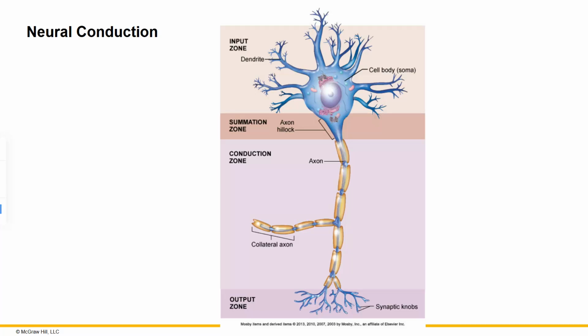Now, what happens is when a dendrite receives a signal, or if a neurotransmitter binds to a dendrite, it's going to cause the opening of a chemically gated sodium channel. So now sodium is going to start slowly coming into this neuron.